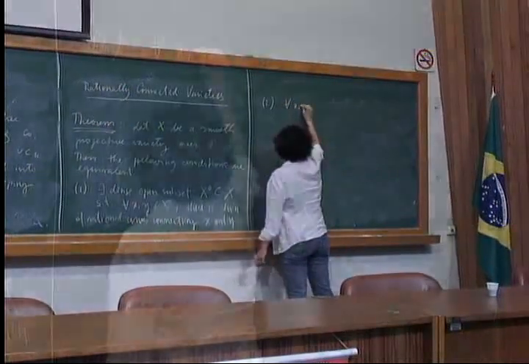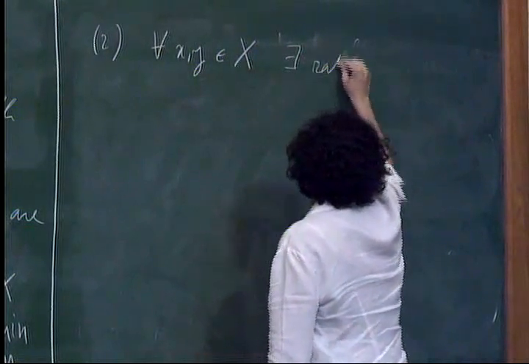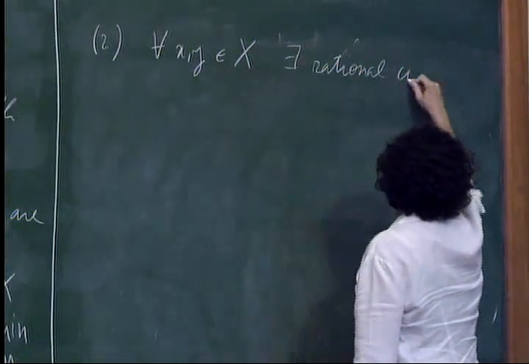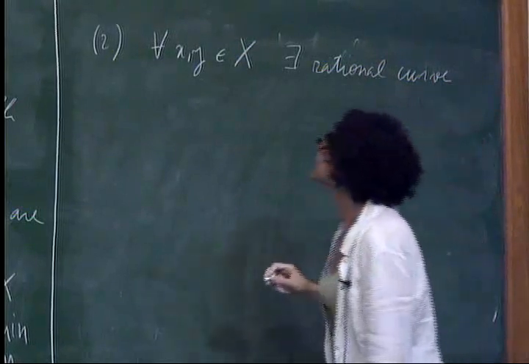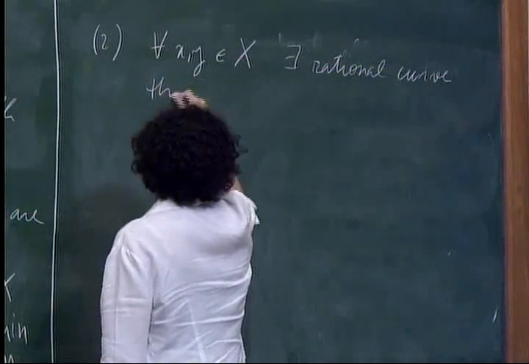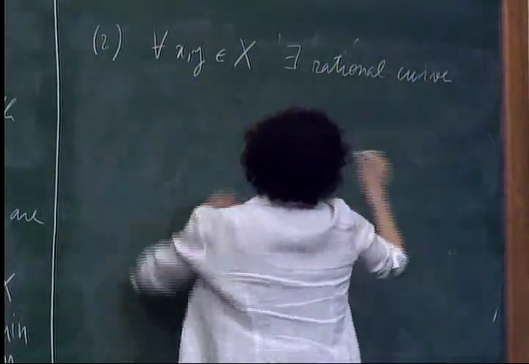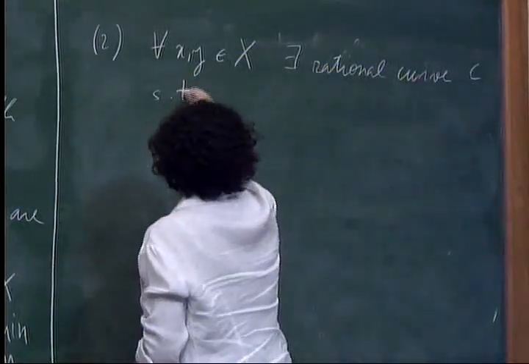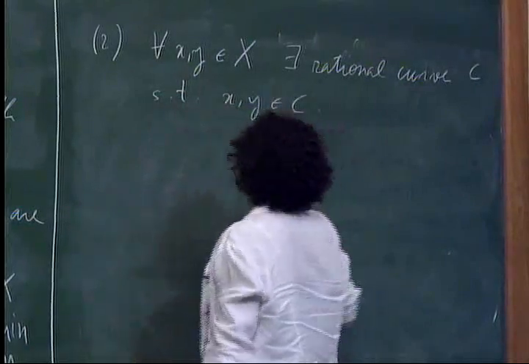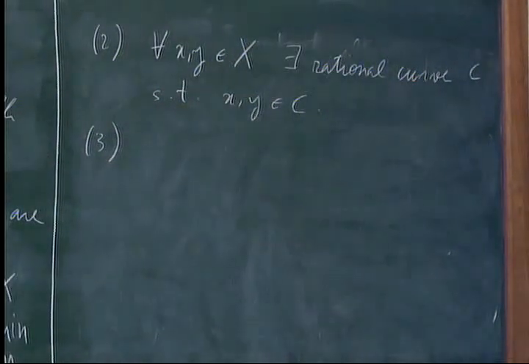For any 2 points x and y in X, there exists a rational curve C such that both points are in C. And finally, this third condition is similar to the characterization of uniruled varieties in terms of the existence of a free curve.